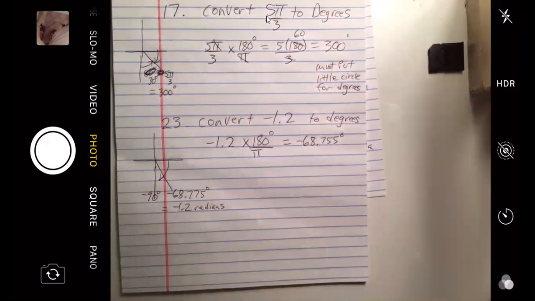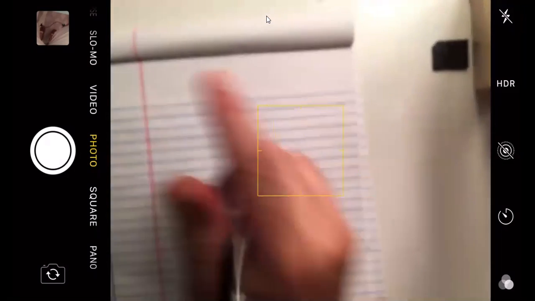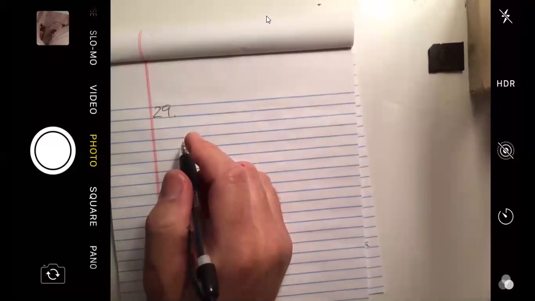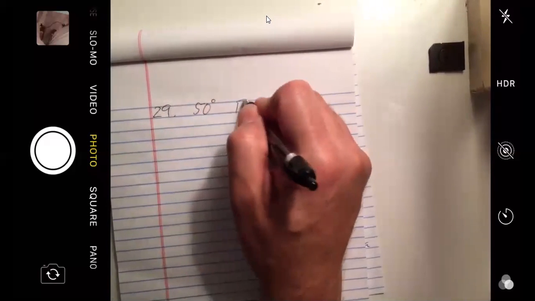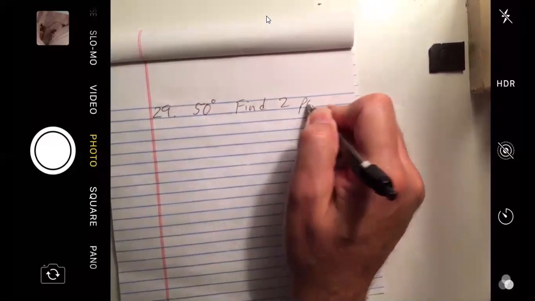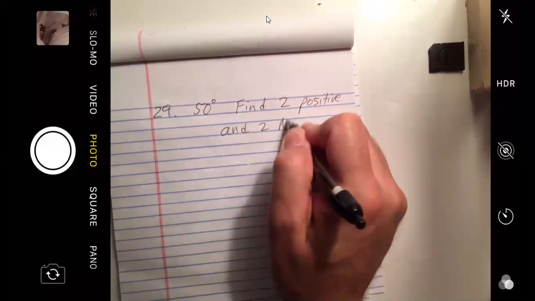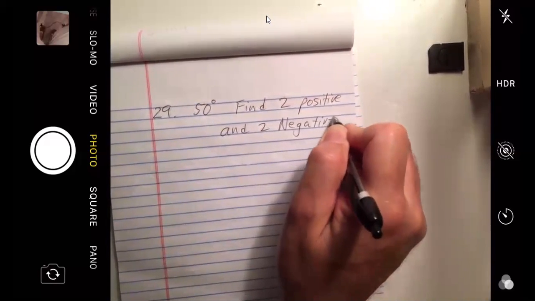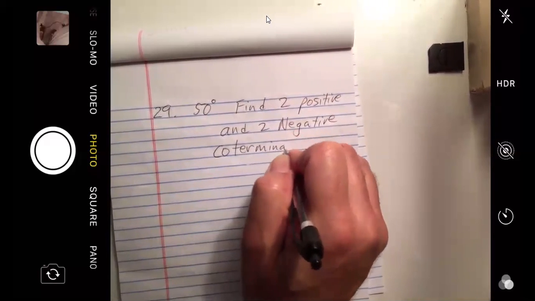Let's try coterminal angles. 29: 50 degrees. Find 2 positive and 2 negative coterminal angles.